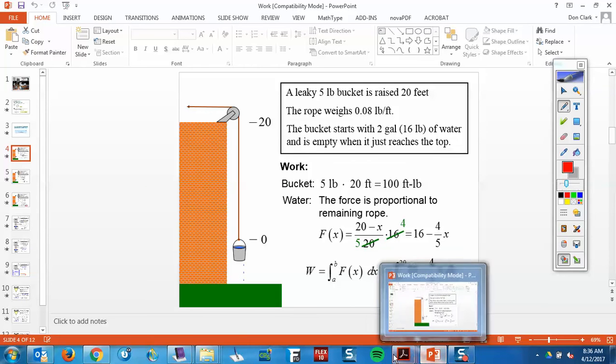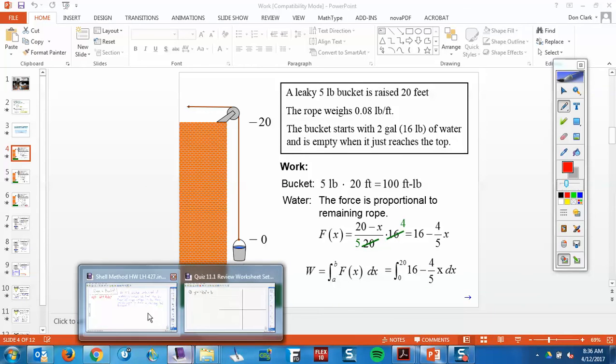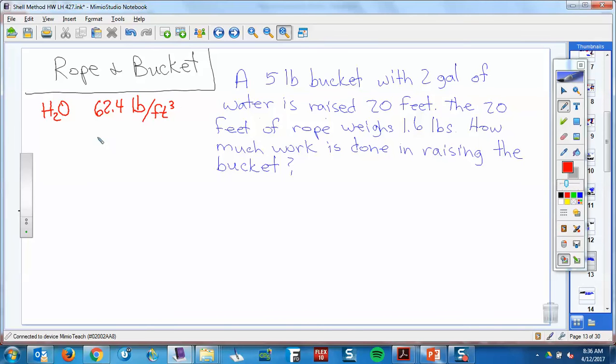So it's 8 pounds per gallon, and I would give you those. So we've got 16 pounds of water in the bucket. The bucket weighs 5 pounds, so we've got 21 pounds, right?